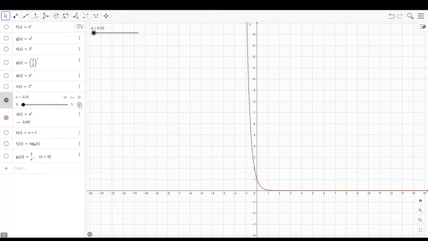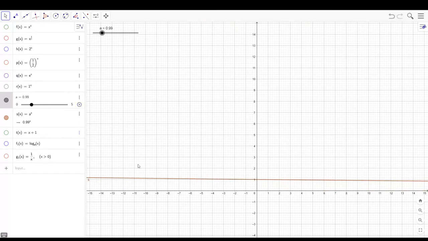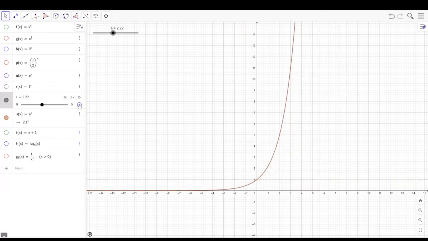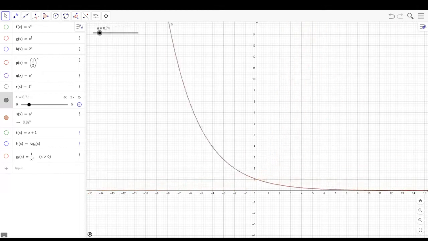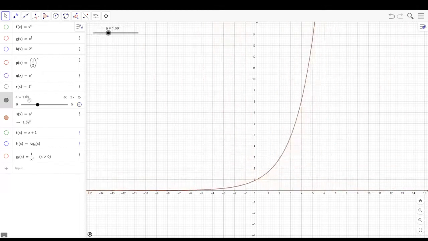Okay. And if it's about 1, well, this isn't quite 1, but it's a horizontal line. So these are all some of the basic shapes for exponential functions. Pretty cool, right?